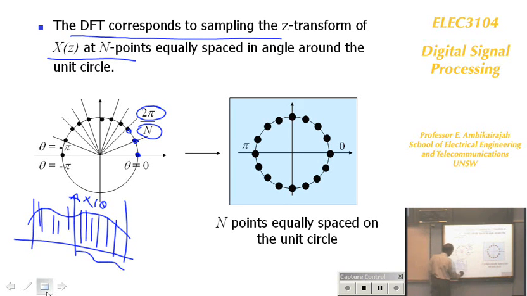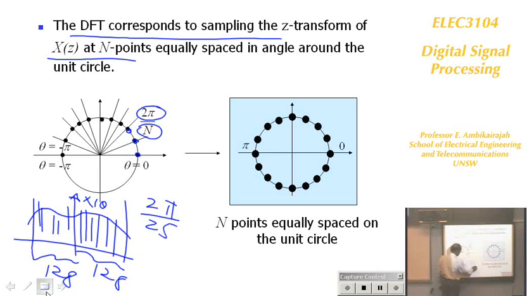So 128 points here and 128 points here. So I say 2 pi over 256 is my frequency division between those. That's called my resolution, delta F. So you decide. If you want very close frequencies to be determined, then you increase the number of frequency points.